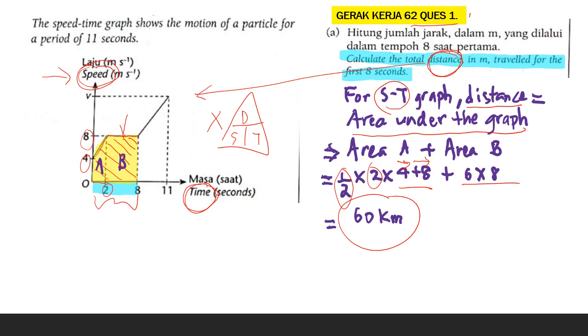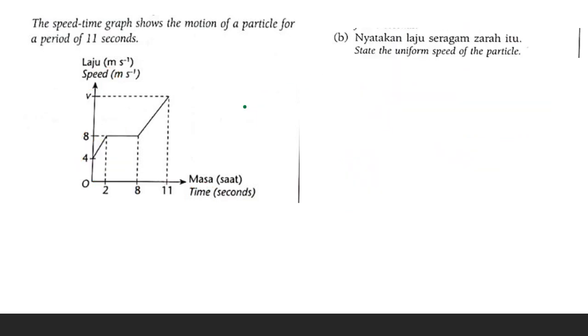Okay, next the question is state the uniform speed of the particle. So where is uniform speed? Because this is a speed time graph. Uniform meaning the speed does not change. Speed does not change is where? Of course here, the one parallel to x-axis.